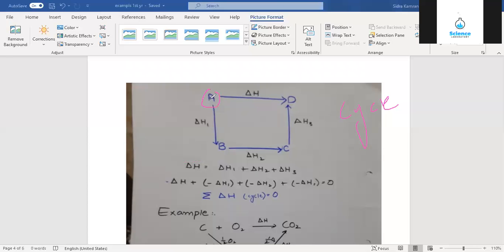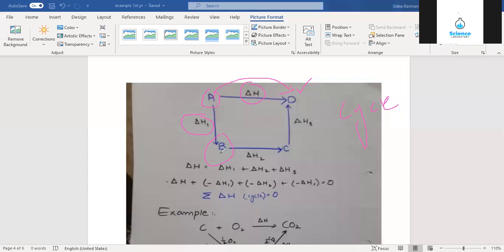A is a reactant. You want to make D from this reactant A. There is some enthalpy change to form D from A. This is a single step. You take a single step to make D, or you take more than one step to make this product D. For example, first you make A to B. The change in enthalpy is delta H1.